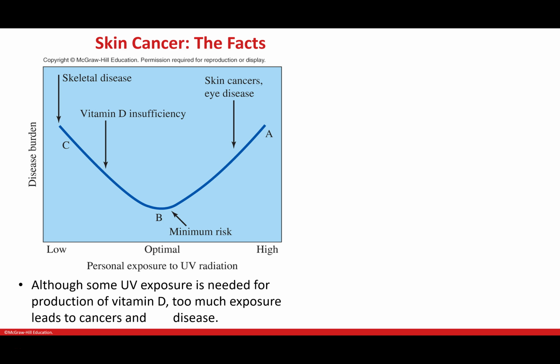Now vitamin D actually is created by your skin as your skin is exposed to sunlight. So there is kind of a trade-off. Too much ultraviolet exposure can give you eye disease and cancer, but you need it to create vitamin D. I have the word sunlight up here. Most skin cancers are linked to exposure to sunlight.